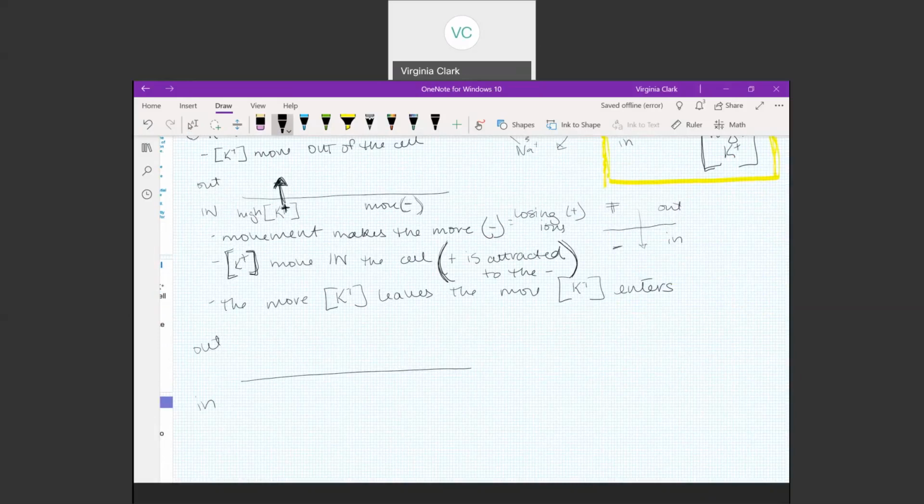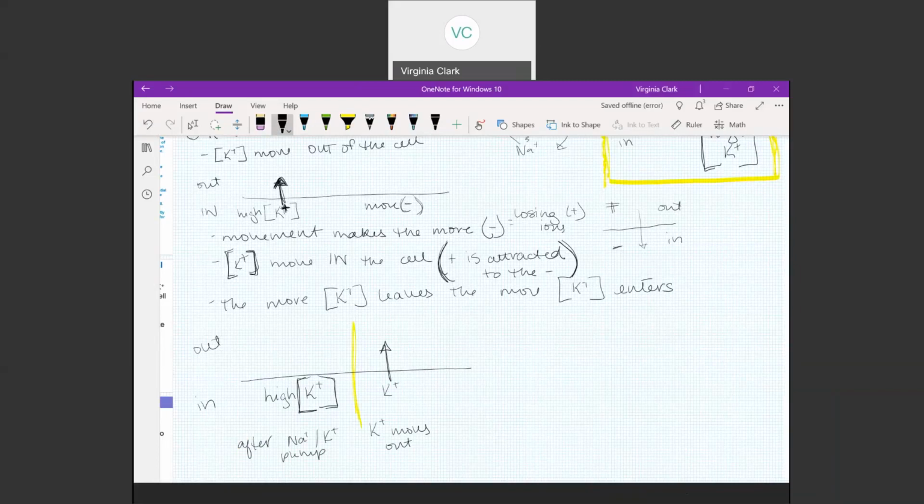So after the sodium-potassium pump, you have a high concentration of potassium inside the cell. Then the potassium will move out. Potassium moves down its concentration gradient and it will move out.